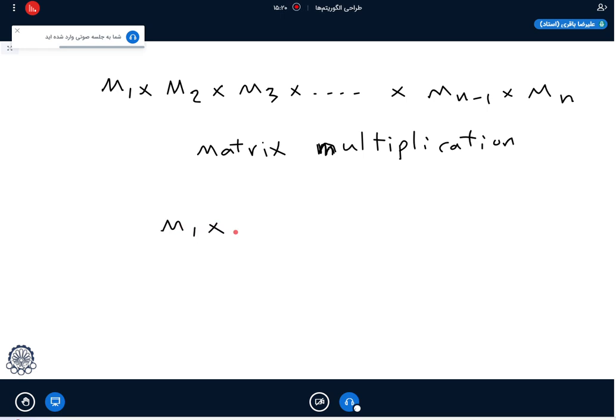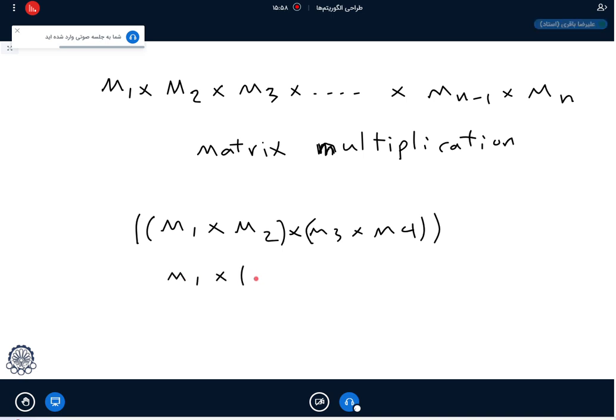I mean, if we are going to multiply for example four matrices, there are various parentheses for this multiplication. We can multiply first M1 by M2, then M3 by M4, and then the result of the first multiplication is multiplied by the result of the second multiplication.